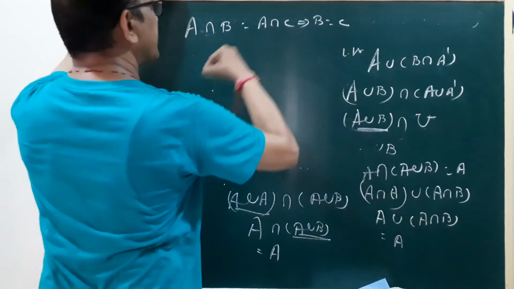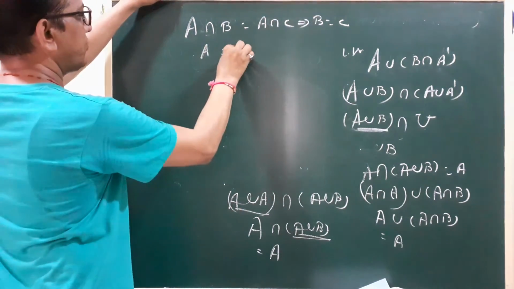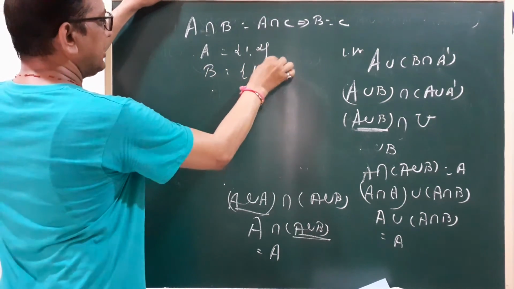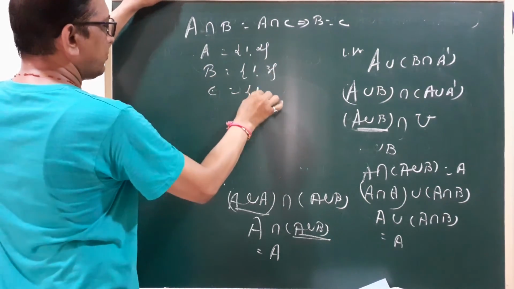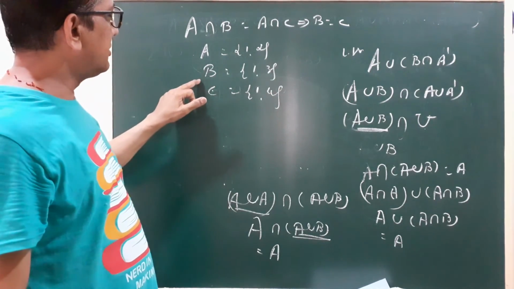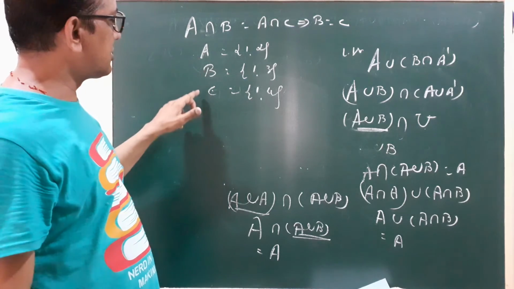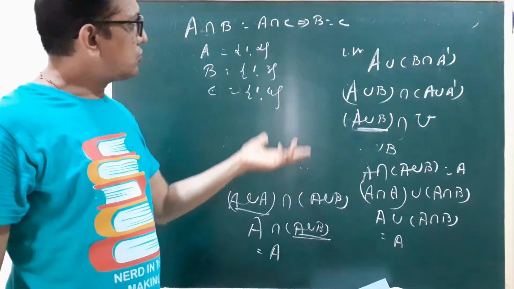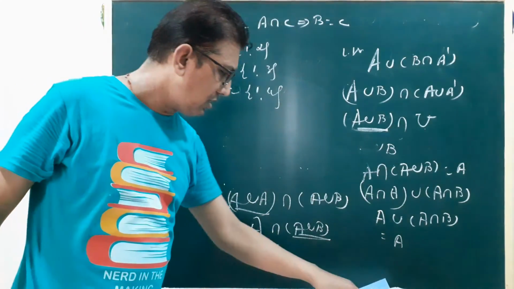Suppose A equals {1, 2}, B equals {1, 3}, C equals {1, 4}. Now A intersection B is {1}, A intersection C is again {1}. But B and C are different. So B and C are not equal.